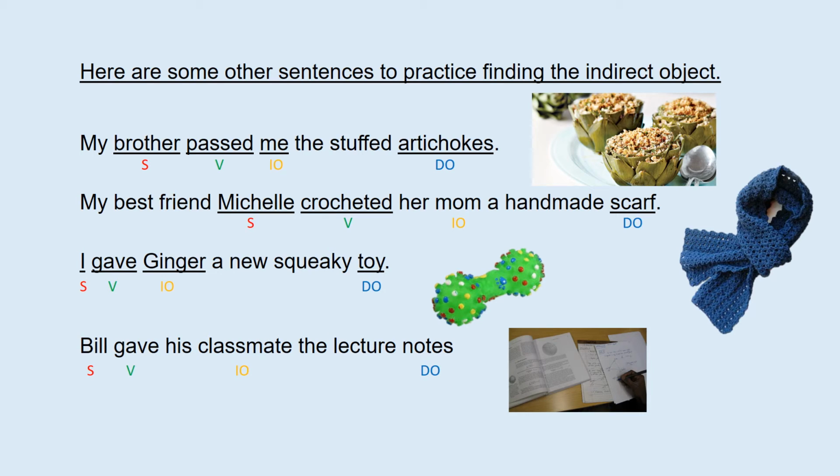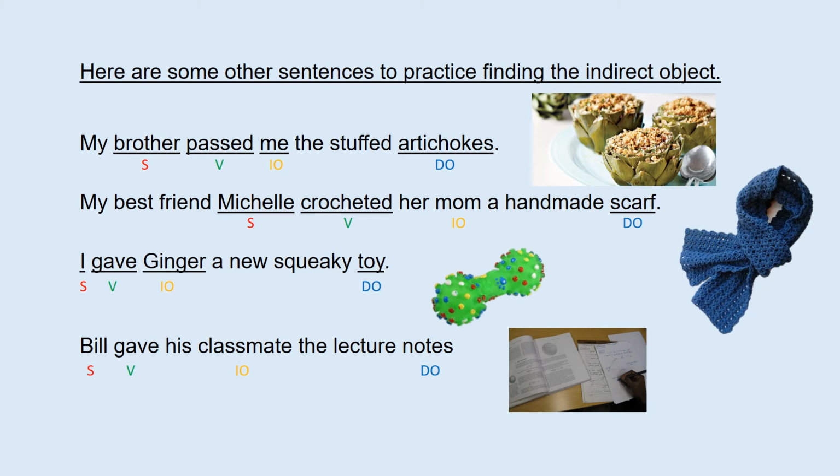Well, just like when my brother passed me the stuffed artichokes, he wasn't really passing me. In this instance, Bill isn't giving his classmate to anyone. So we know that classmate can't be the right noun to become the direct object.